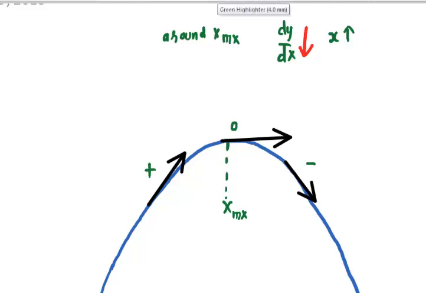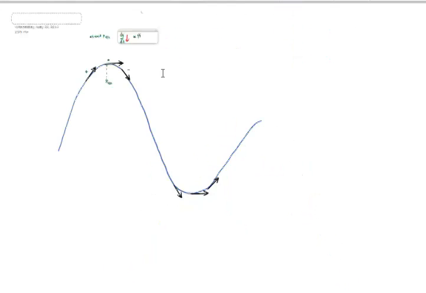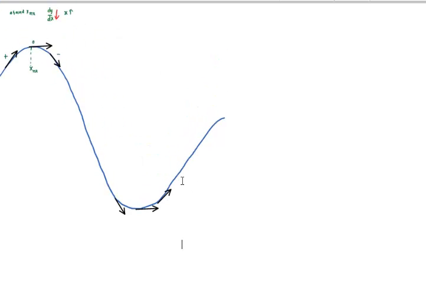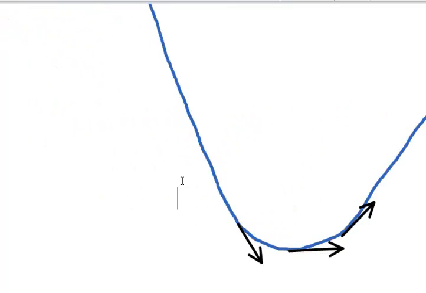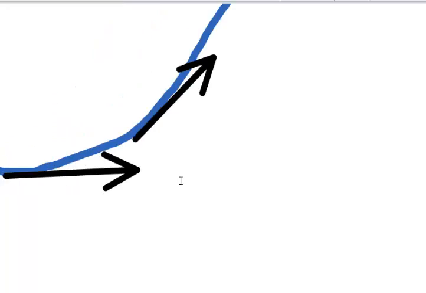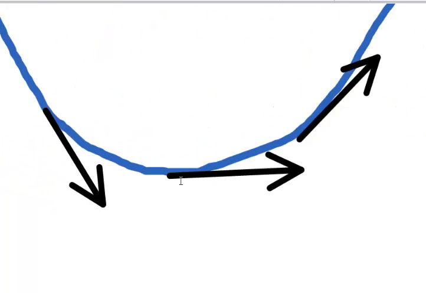Let's try to look around a minimum. So let's see what happens around a minimum. You can quite clearly see that this point is a minimum point. Let's call it x min.